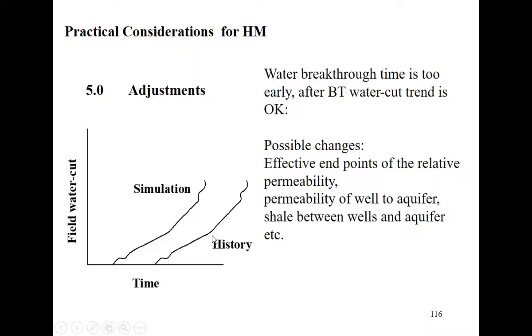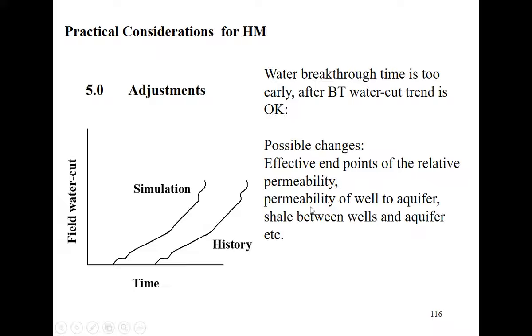So we may think about things that may make a shift of the simulation towards the history. What are the possible changes? We may change the endpoint of the relative permeability in the simulation. In this case, mainly it is the critical water saturation. Permeability of well to aquifer.